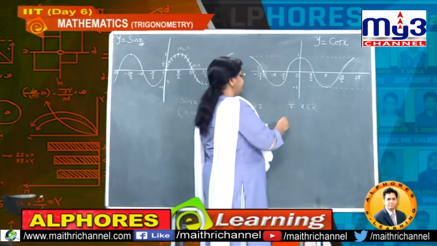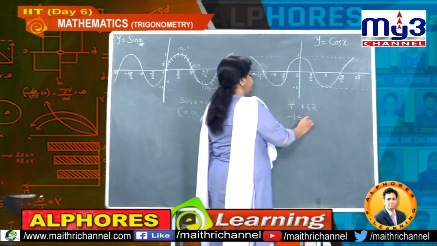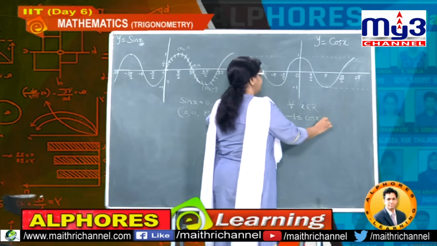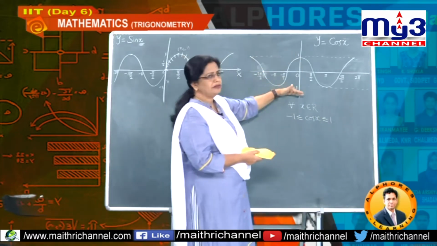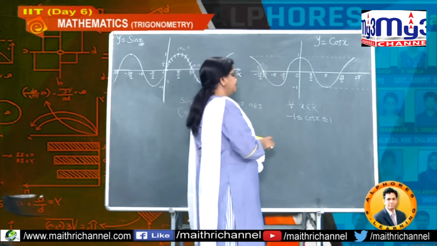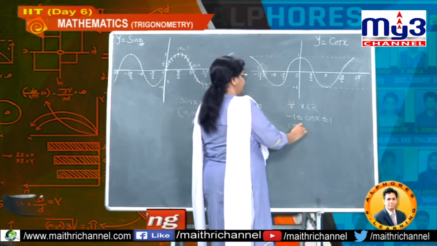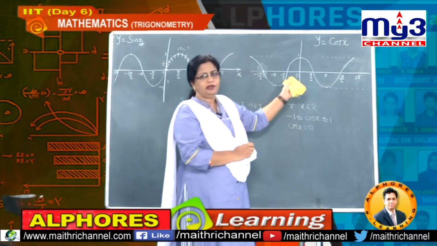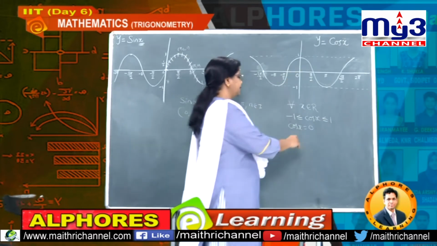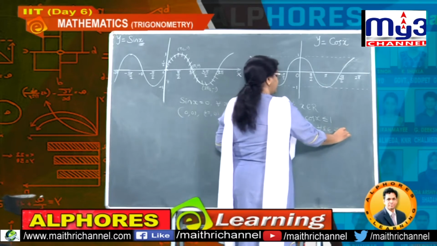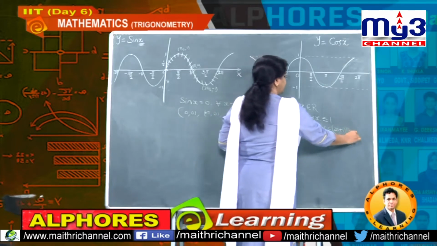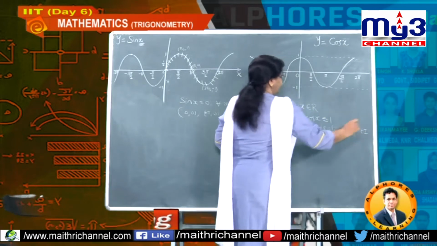That means the cosine function is also in between minus 1 and plus 1. And next one is cos x is 0. That means it is intersecting the x axis at what points? For all x belongs to odd multiples of pi by 2. Earlier also we observed this, where n is an integer.